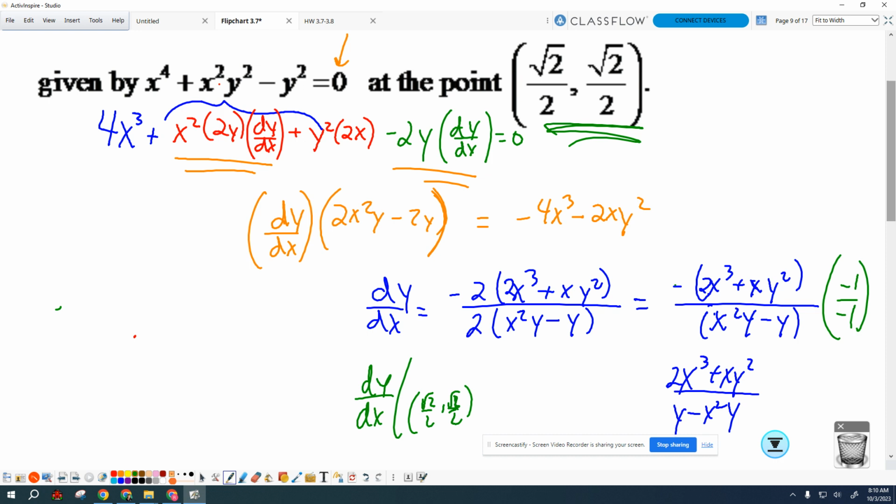Just write the ones. Unless x cubed is a cube part. Yeah, that's fair.